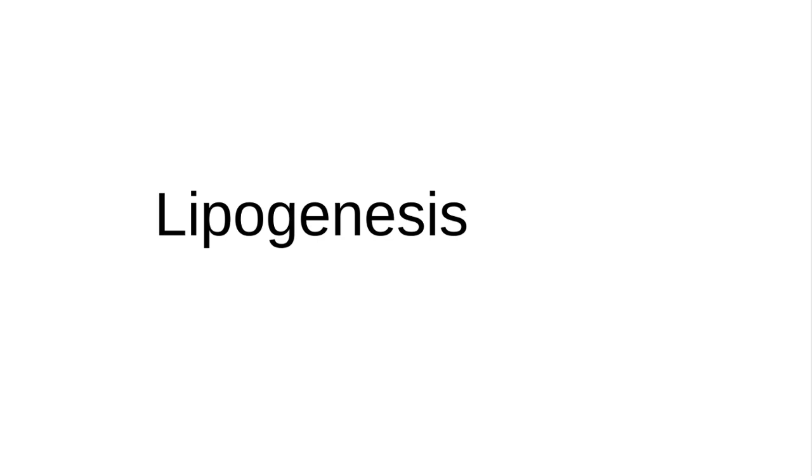Alright, coming up here is lipogenesis, which is the metabolic process by which acetyl CoA is changed into triglycerides for storage in fat. It is the conversion of fatty acids and glycerol into fats.